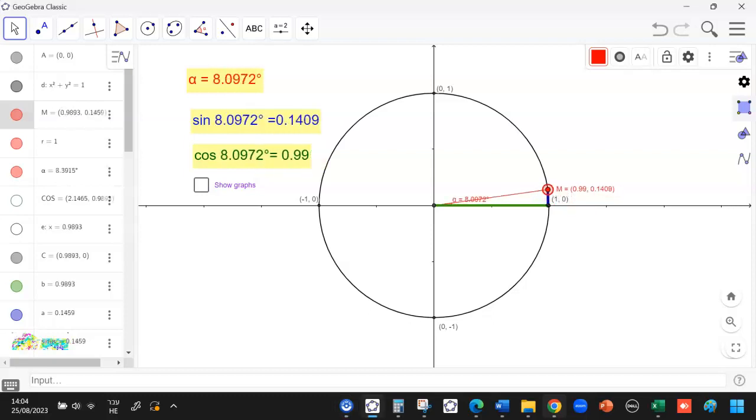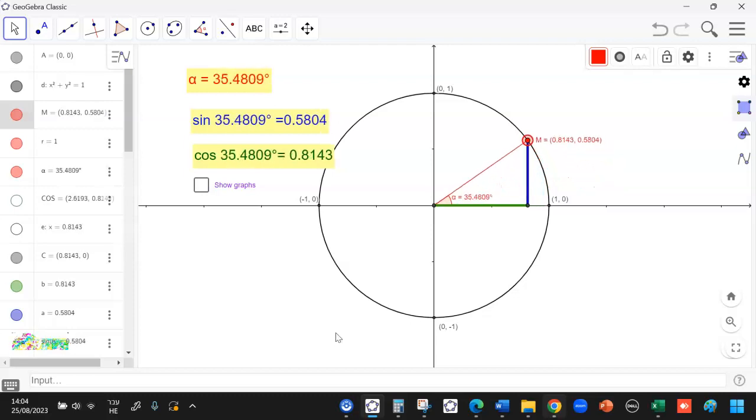When we change alpha, the matching point is changing, and sine and cosine are still the y and the x coordinates. When we go from 0 to 90 degrees, notice that sine goes up from 0 to 1, and cosine, the green line, goes down from 1 to 0.